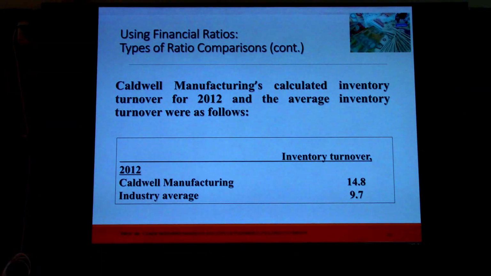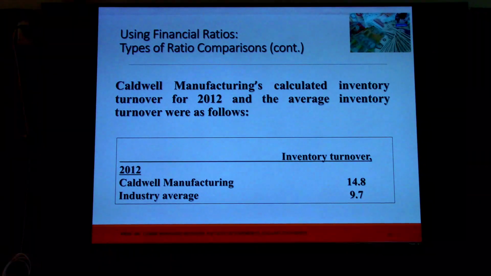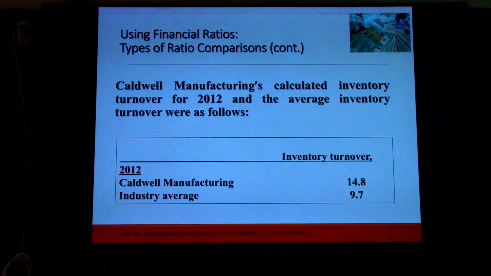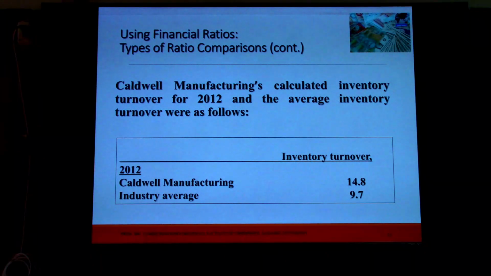So معدل دوران المخزون in 2012 of Caldwell Manufacturing firm is equal to 14.8. ده احنا بنسميه معدل دوران المخزون للشركة. I could compare this number with an industry average. Imagine that the industry average of this ratio is equal to 9.7.